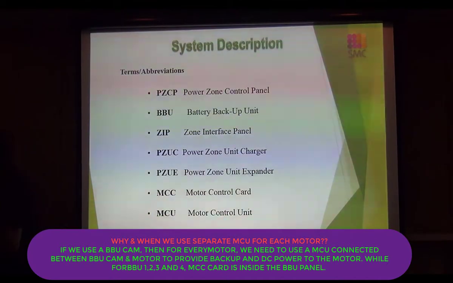But in case we have BBU1, we don't need this, it will be integrated inside, because up to 4 motors we can put it here. Simply you can understand it like up to 4 MCCs. For up to 4 motors, we can fit 4 MCC cards here. But if there are 5, 6 or more, then we go to the BBU CAM and install separate MCUs.